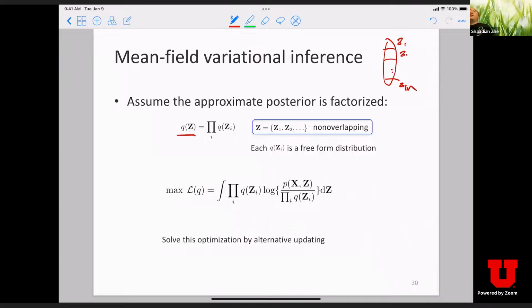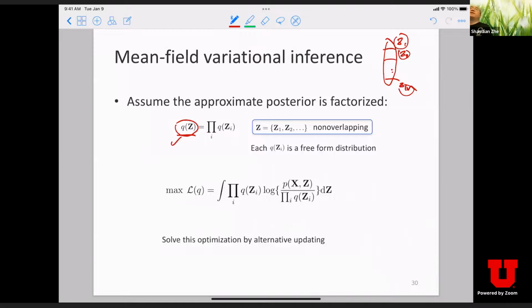The mean field approximation family means that we assume my posterior approximation is factorized as some posterior approximation over Z1, over Z2, up to Zm. And these Z1, Z2, Zm are non-overlapping. In other words, we're assuming that in my approximate distribution, Z1, Z2 to Zm are independent.